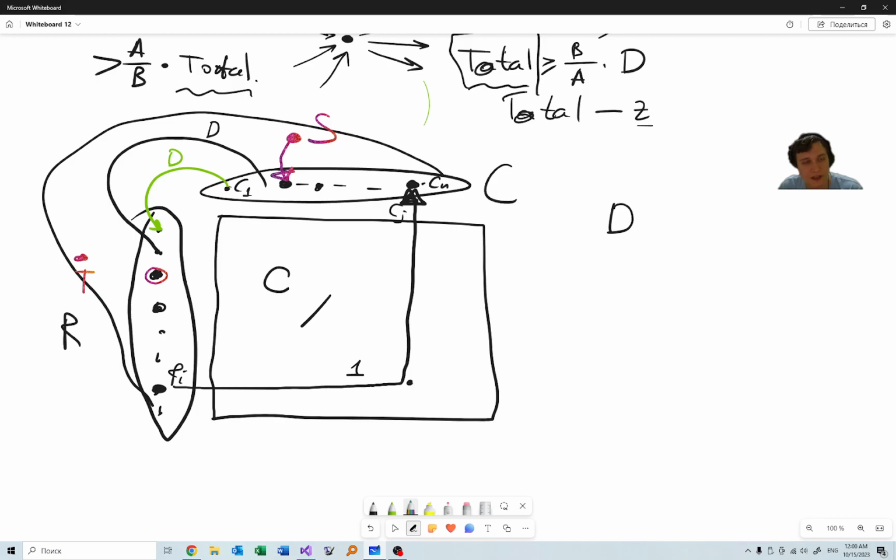Okay, so if these are two vertices which correspond to some widget Cij, which is already put here, we say that we need 1 unit from S to this vertex. Okay. And 1 unit from this vertex to T.